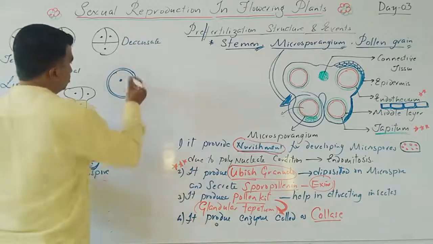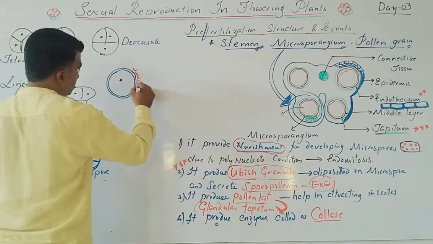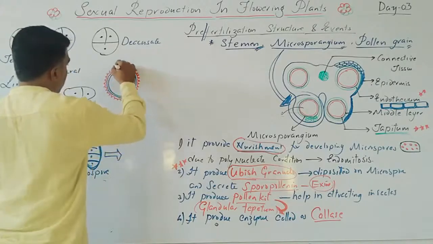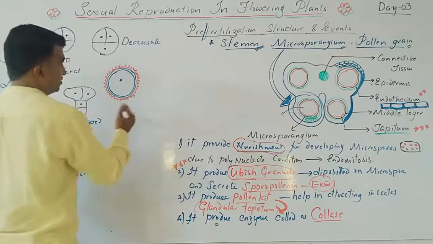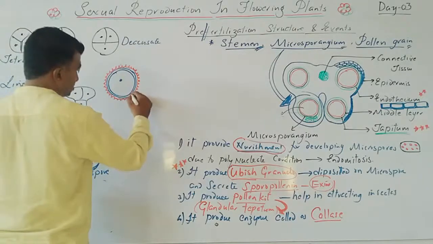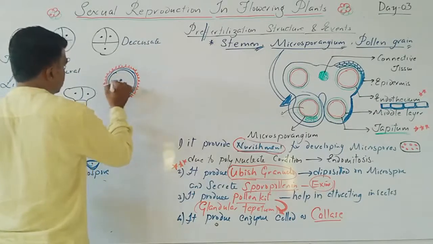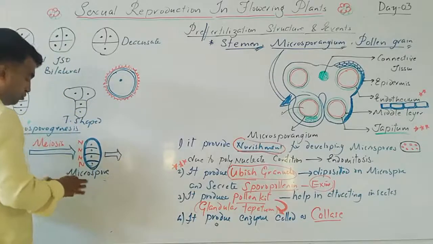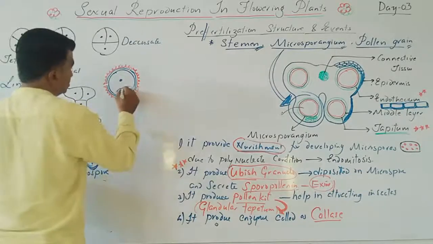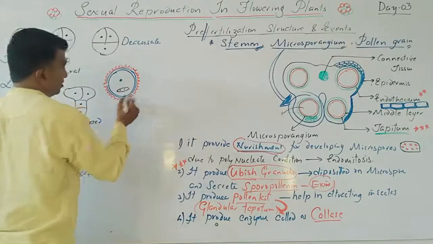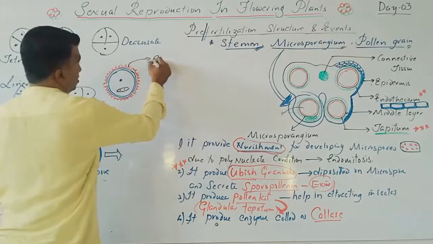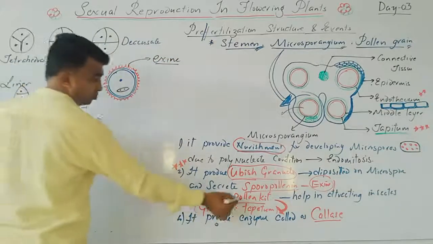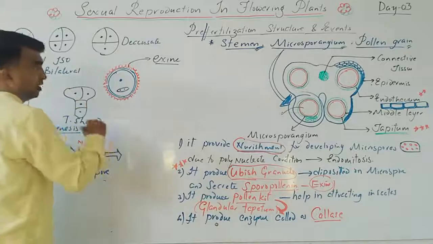Outside, sporopollenin is deposited. The patterning of this sporopollenin is specific for specific species. In some spaces, the sporopollenin is not deposited. So this is about the pollen grain, and this is the generative cell where the two male gametes are there. Now the exine is made up of sporopollenin, and intine is made up of pectin and cellulose.